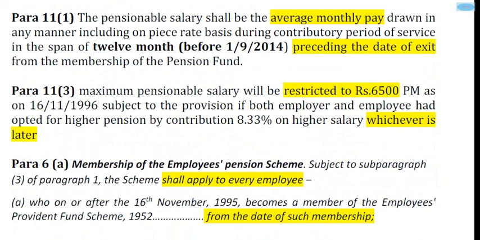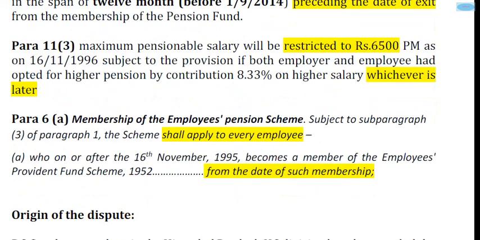Para 6 subclause A discusses who can be a member of the pension scheme. It says whoever on or after 16th November 1995 becomes a member of the Employees Provident Fund Scheme 1952 shall automatically become a member of the pension scheme as well.